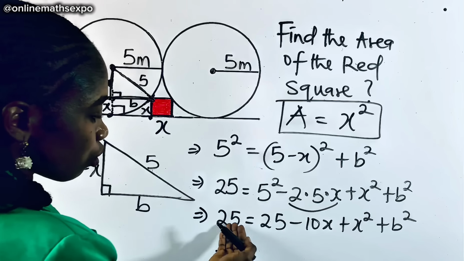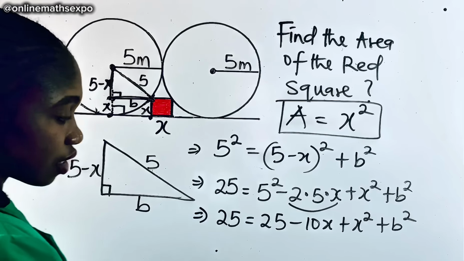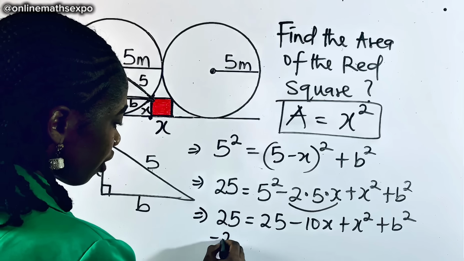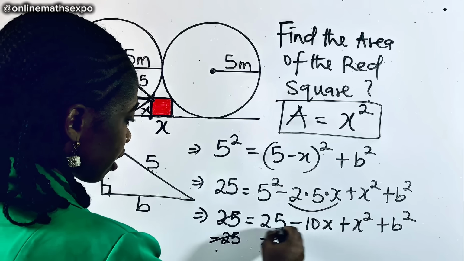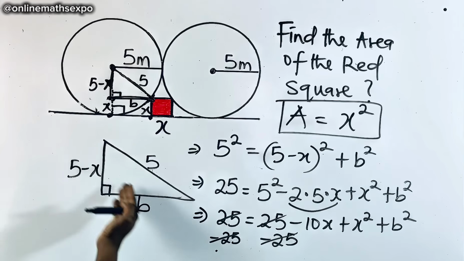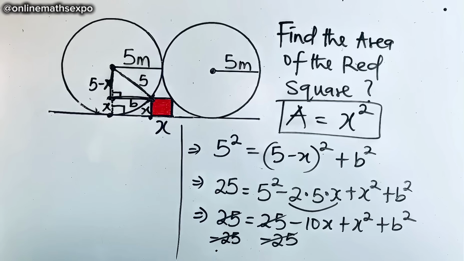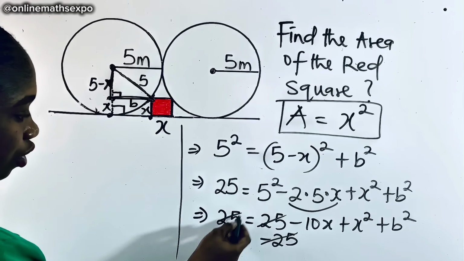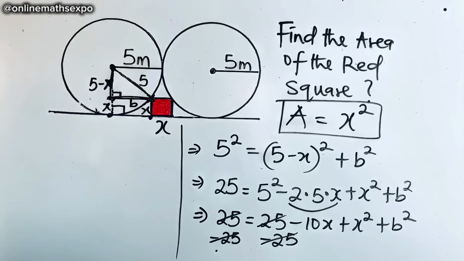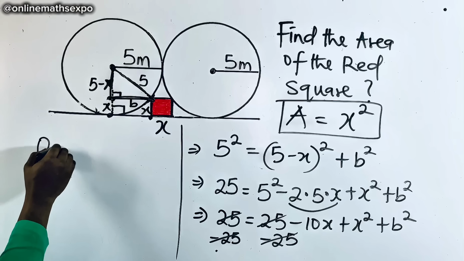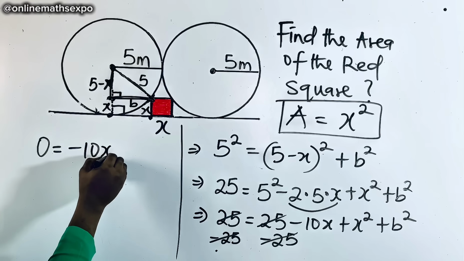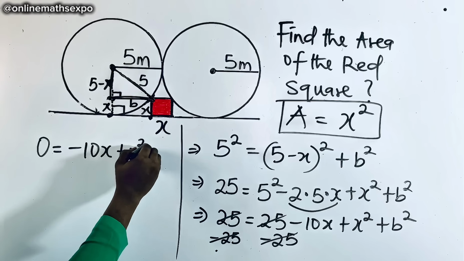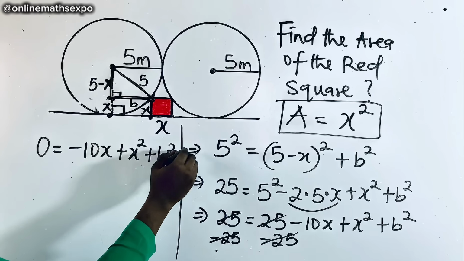Now, what do we do? We can remove this on both sides. If you subtract 25 from both sides, this cancels this. So we are left with 0 is equal to negative 10x plus x squared plus b squared.